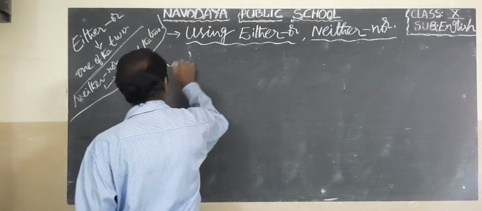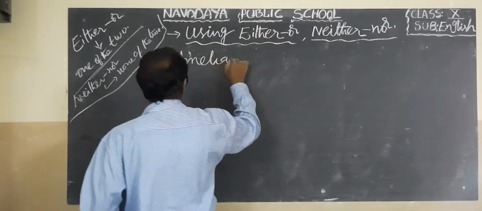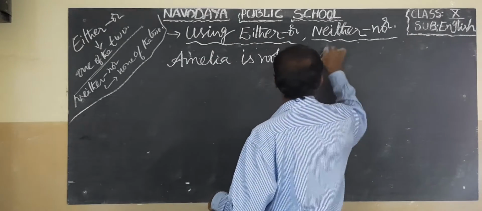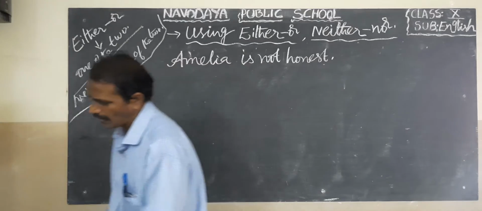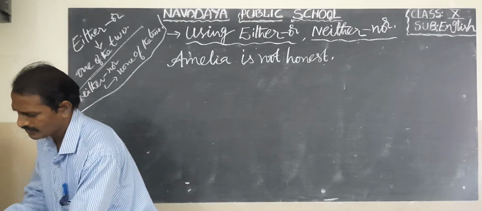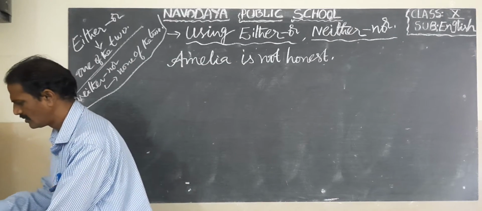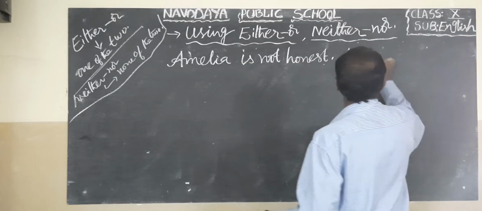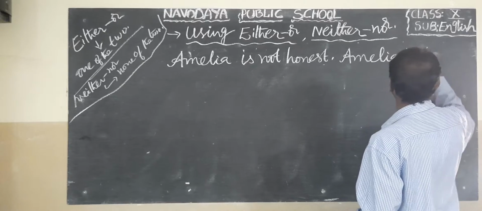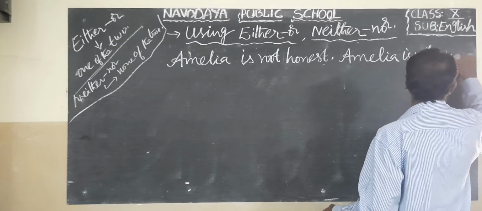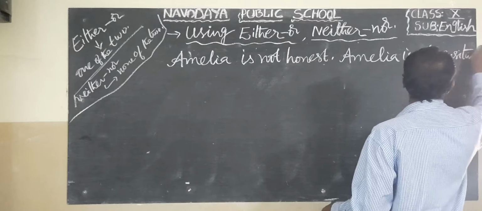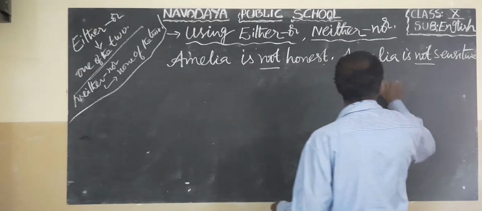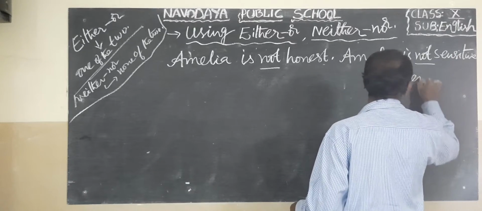Amelia is not honest. Next, Amelia is not sensitive. Here is not and not. So using neither nor.